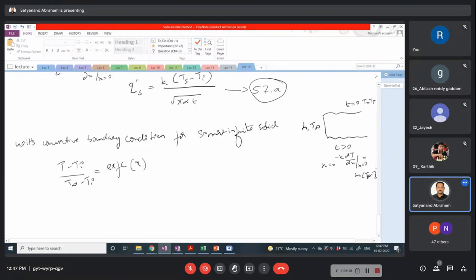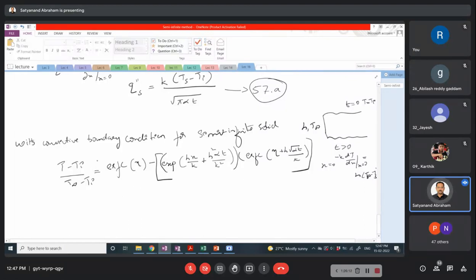It is not the error function, it is the complementary error function, which is equal to 1 minus error function, minus exponential of (hx/k plus h squared alpha t/k squared), into again the complementary error function of (eta plus h square root of alpha t/k).